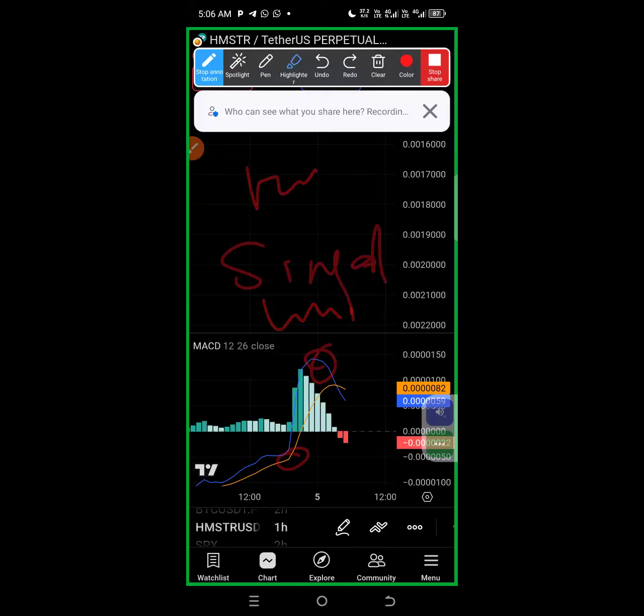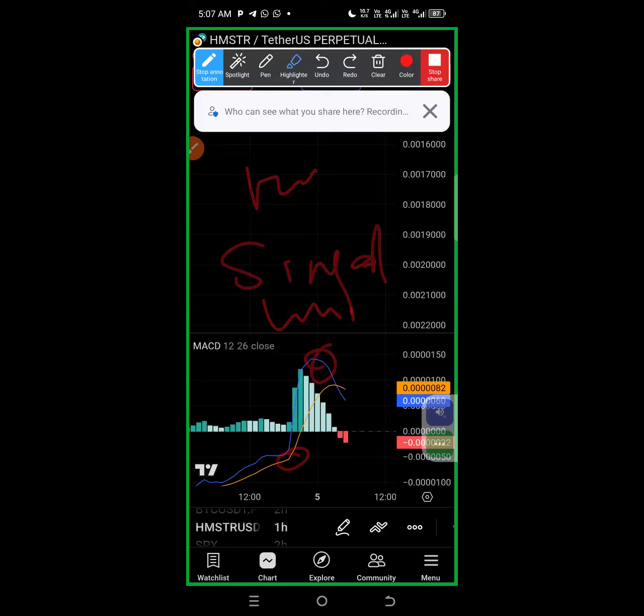When we talk of the MACD line, basically the MACD line is the difference between the 12-day moving average and the 26-day moving average, right?